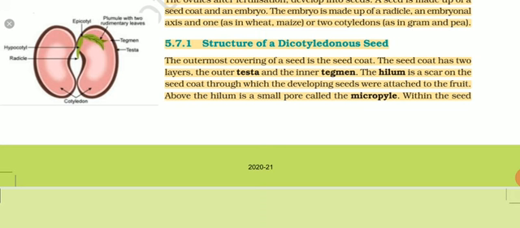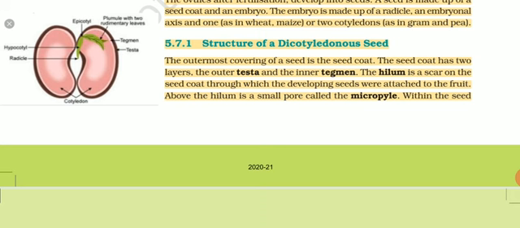The small stem-like structure that helps in attachment of the seed with the ovary wall is called the placenta. That placenta has an attachment with the ovary wall, making a scar-like structure known as hilum, and it usually helps in development after germination.